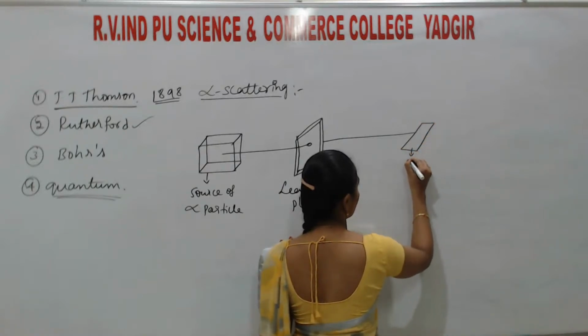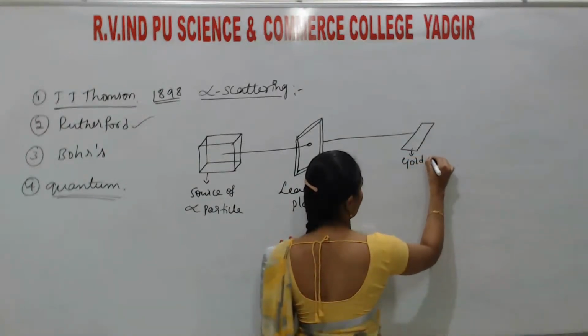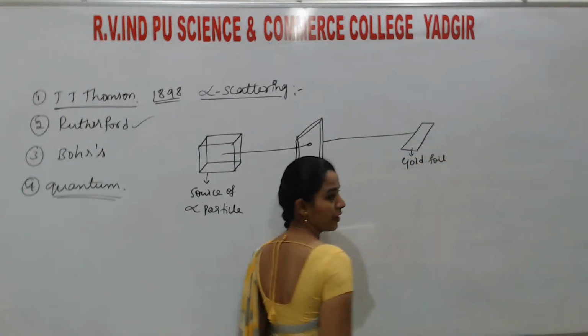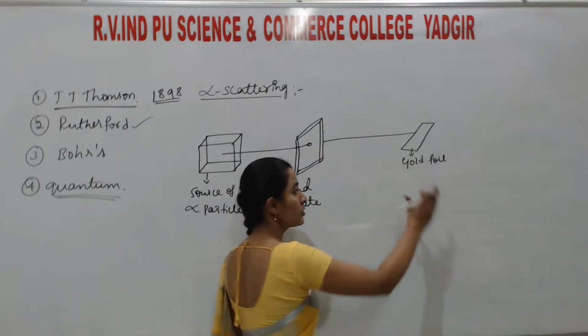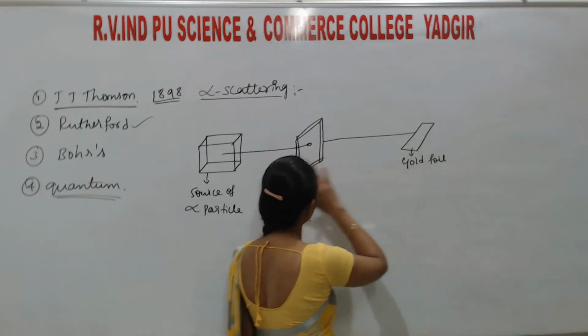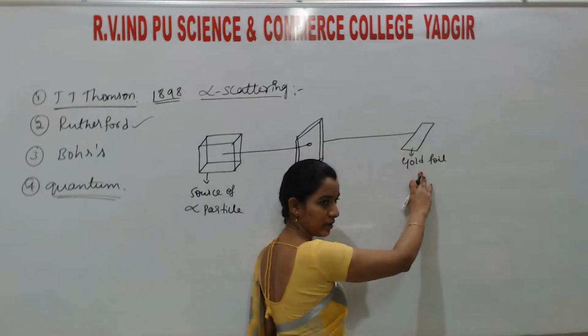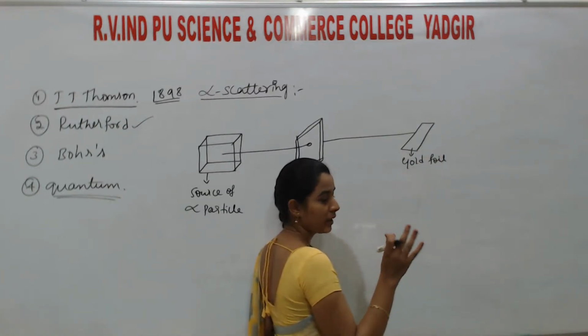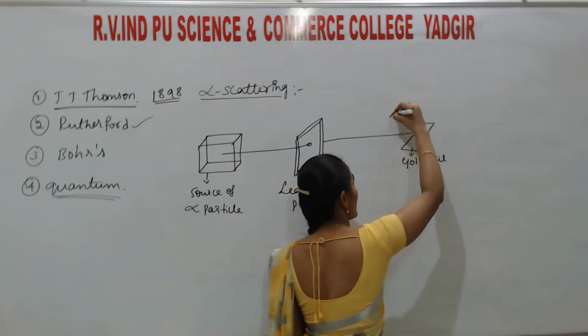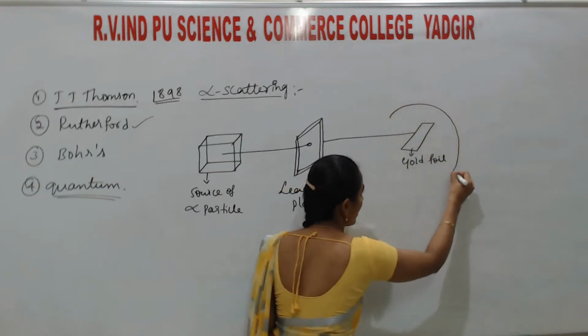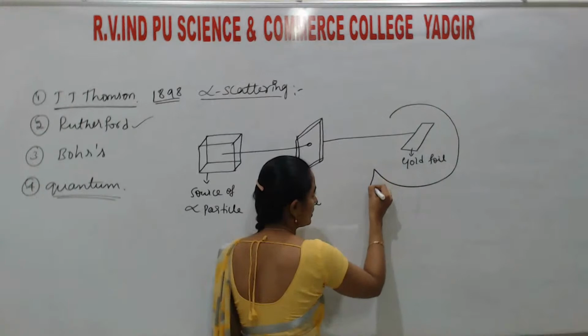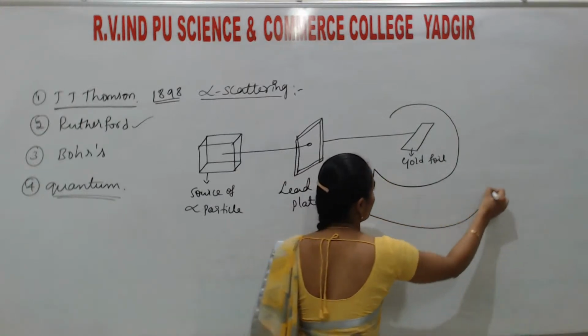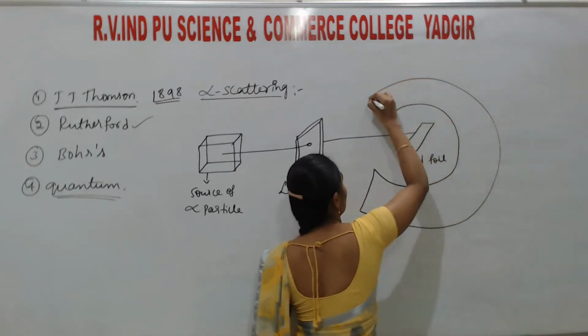This one is the gold foil. Okay, so when the alpha particles fall on this gold foil, they scatter. Later, to observe that scattering, he placed a fluorescent material around the gold foil. This one is a zinc sulfide screen. You can take a plate or anything made up of zinc sulfide.